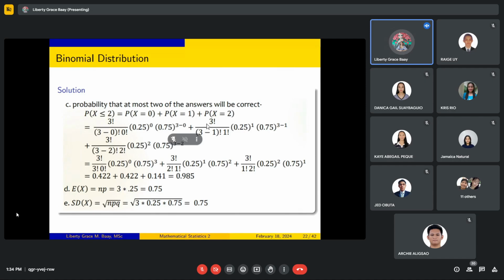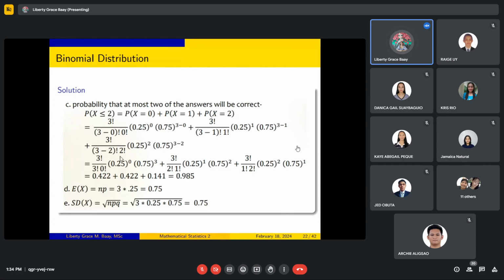Then letter C, we are also asked to find the probability of at most two. As I said earlier, at most 2 is just equal to x less than or equal to 2. So that includes 0, 1, and 2. We already know the answer for the probability of x equal to 2, which is 0.141. You can also solve for the probability that x is equal to 0 and the probability that x is equal to 1.